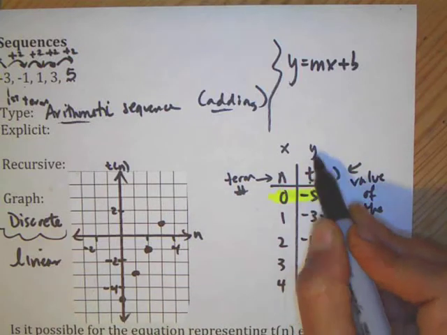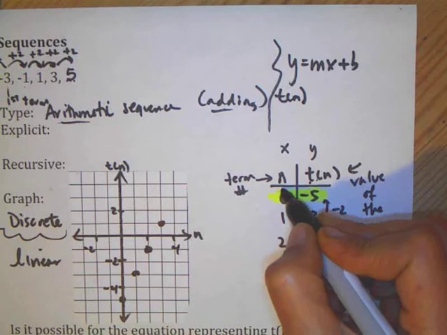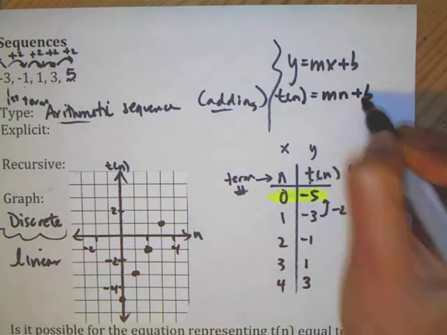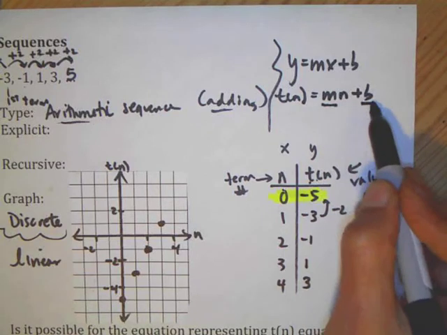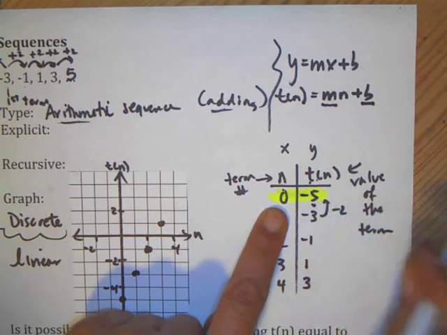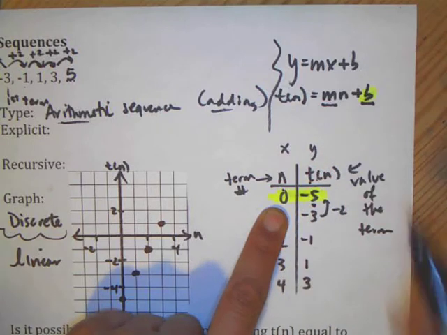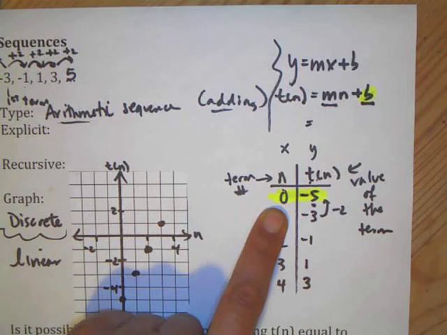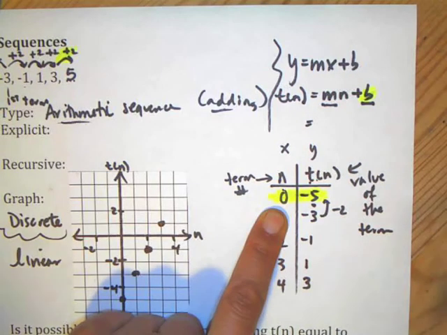Except that instead of y, we're using t of n, and instead of x, we're using n. We need to figure out what the m and the b are. Well, we have already figured out the b. That's right here. That was our 0 term. And the m is our growth. That's how we change from one place to the other, the +2.